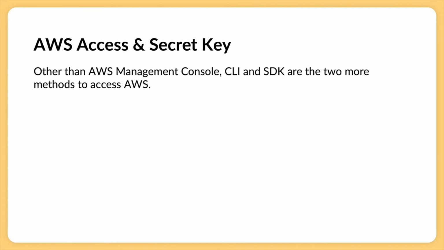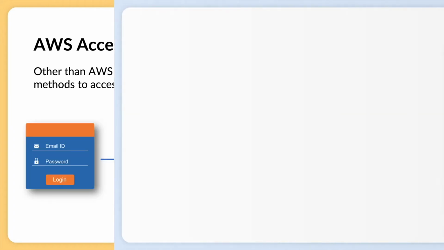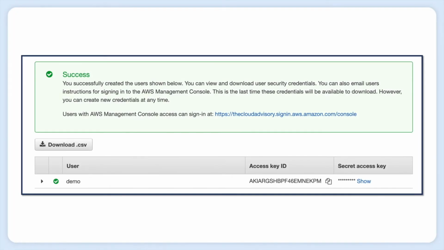Apart from the management console, we can also access AWS through the CLI and the SDK. We will understand this in the next topic, interacting with AWS. But when you access AWS through any one of these methods, you use an access key and a secret key.